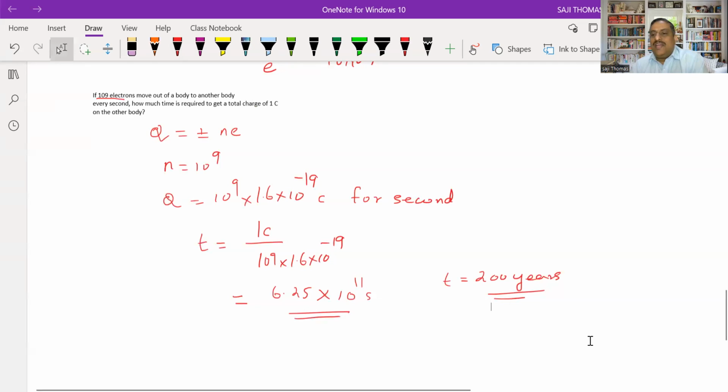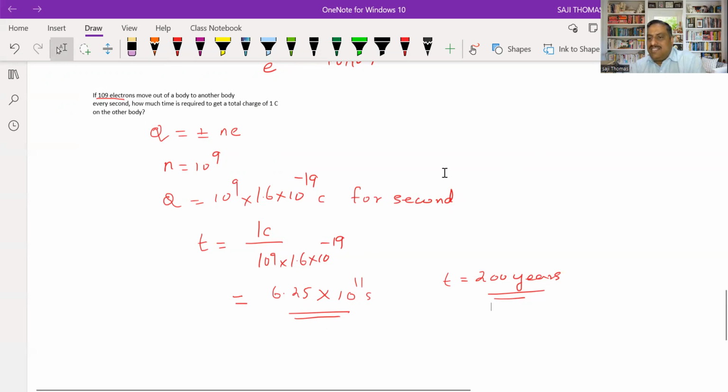Okay. So read the question once again. If 10 raised to 9 electrons move out of a body to another body every second, in 1 second, how many electrons are removed? 10 raised to 9. So what is the charge of 10 raised to 9 electrons? Q is equal to Ne. So 10 raised to 9 into 1.6 into 10 raised to minus 19 coulomb. This is removed from one body to another body every second.